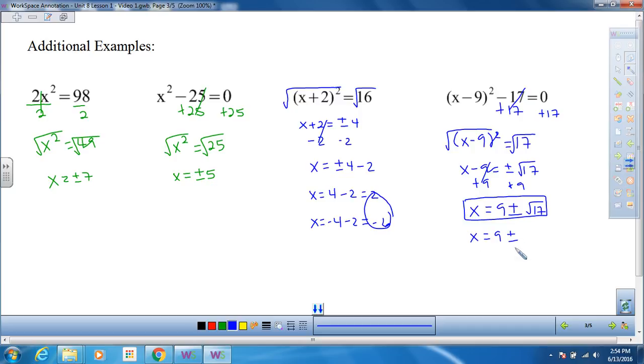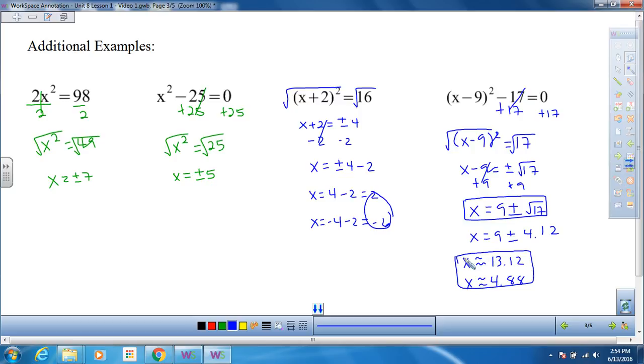If it asks you to round, let's say to the hundredth place, 2 decimal places, so square root of 17, our calculators gave us 4.12. So that means x is approximately 9 plus 4.12, which is 13.12, or 9 minus 4.12, which is 4.88.